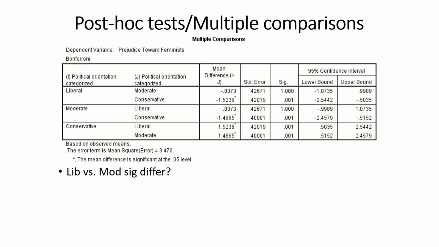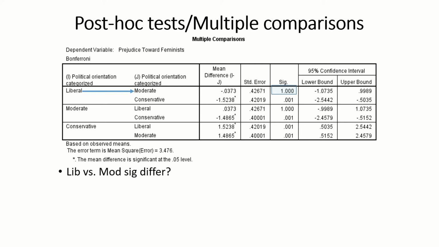Okay. So let's first look at how liberals and moderates significantly differ, because that's the first comparison. If we start from the top and work our way down, that's the first comparison that we're making. So here we're comparing liberals to moderates, and we're going to concentrate on whether these groups significantly differ.